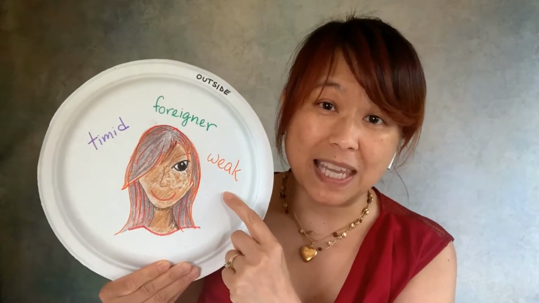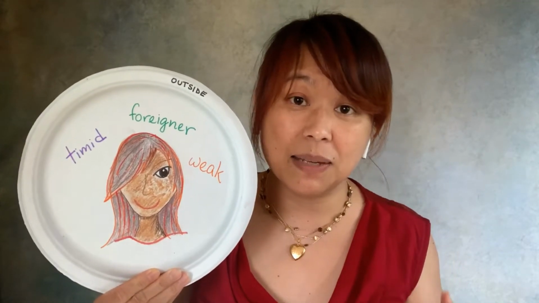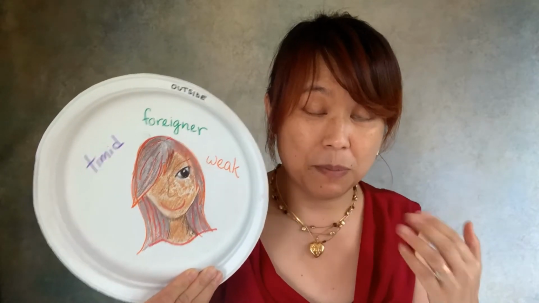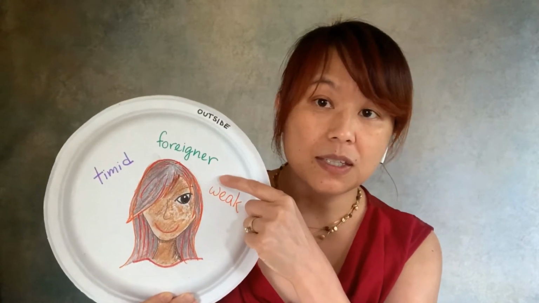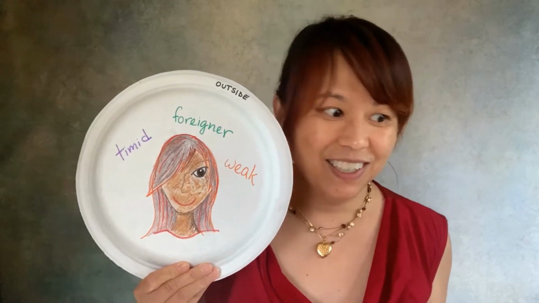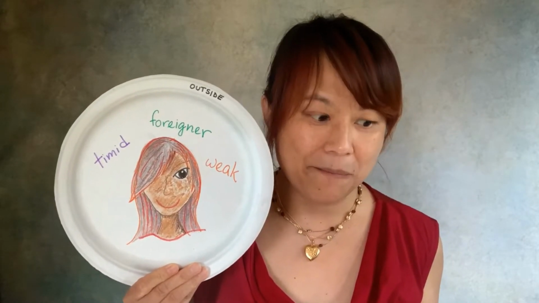Some people think I'm weak. In fact, I've also oftentimes been bullied because I'm small, and so people think if they can make themselves bigger, I'm going to actually cower down or something like that. It's weird. And then this word foreigner, because I'm Asian, a lot of times I cannot tell you how many times people have actually said, "Oh wow, your English is really good," or "Where are you from?"